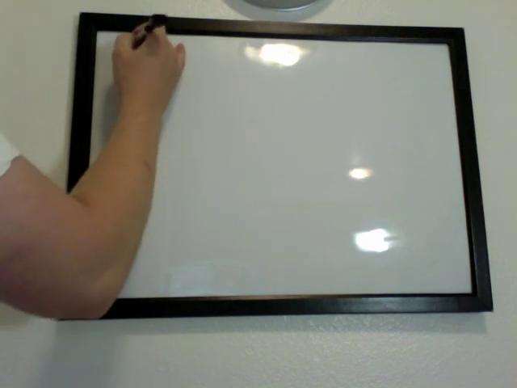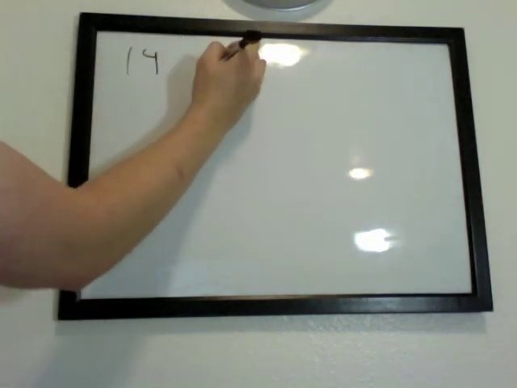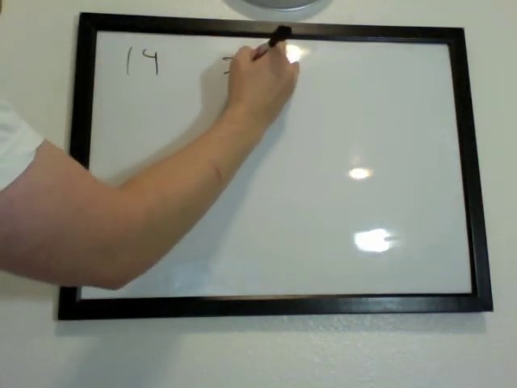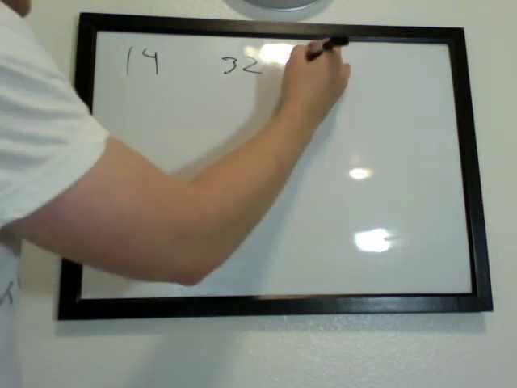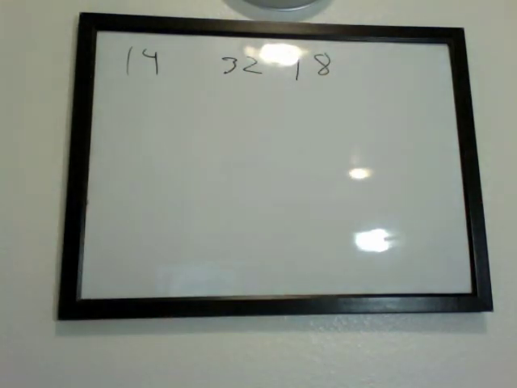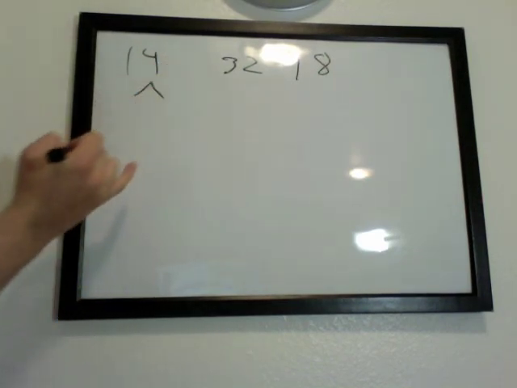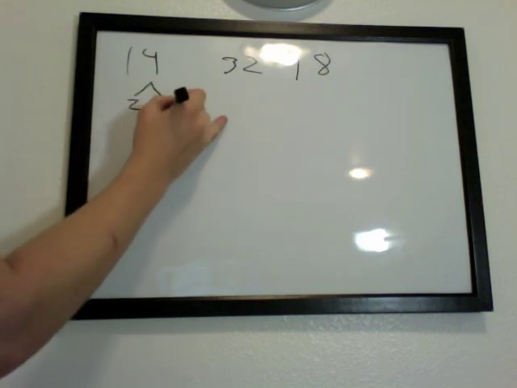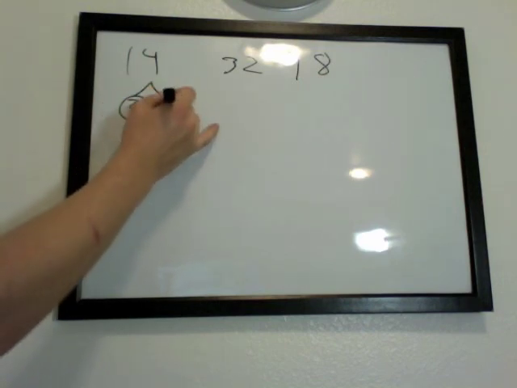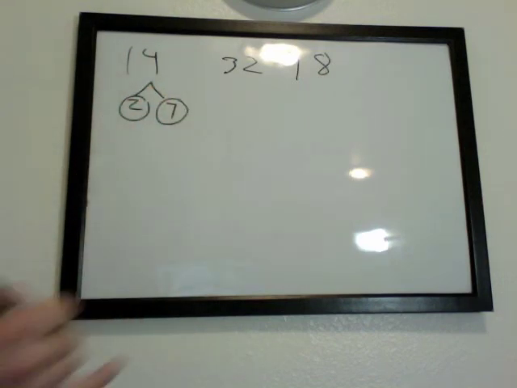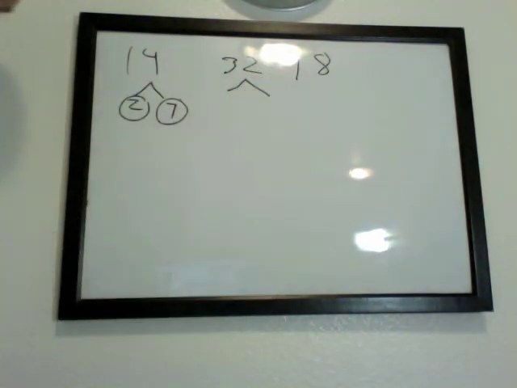Let's say we have three numbers, 14, 32, and 18. Tree method, break this apart. 14 will be 2 and 7. 2 is a prime, 7 is a prime. 32 we can break apart.